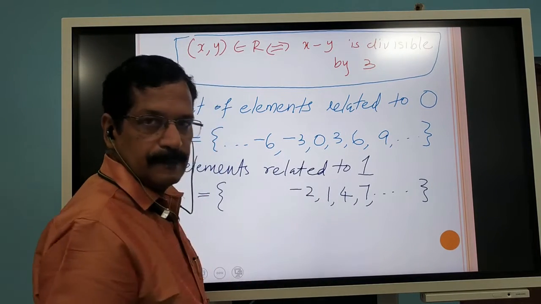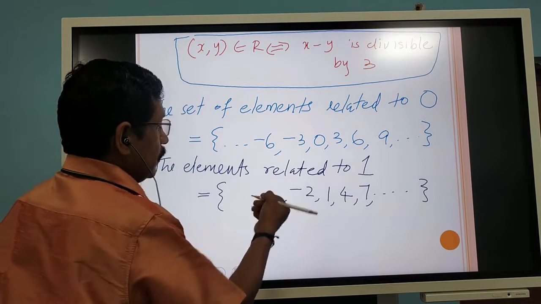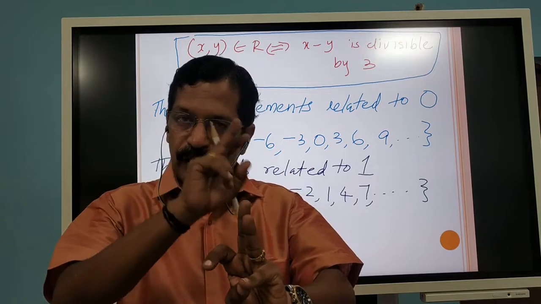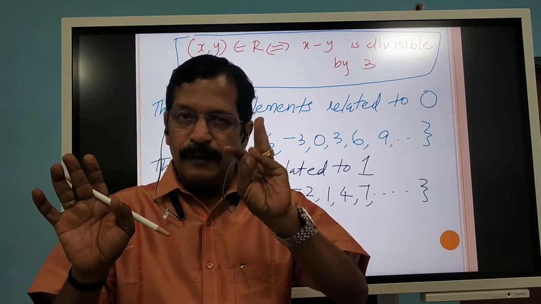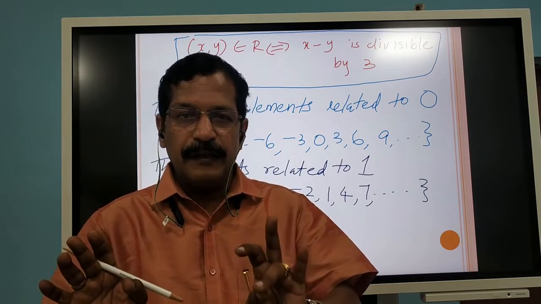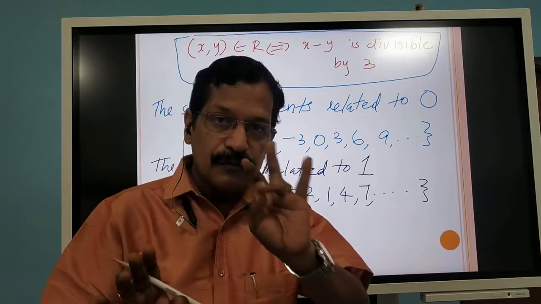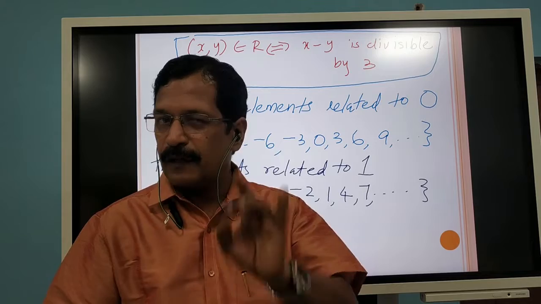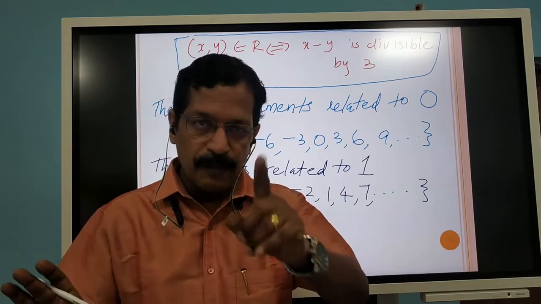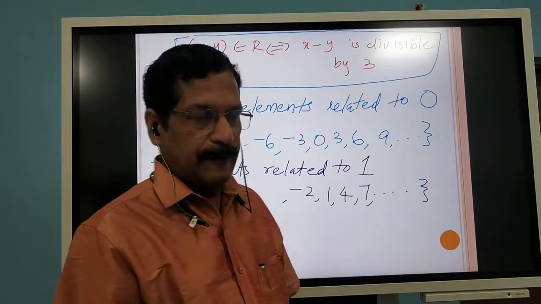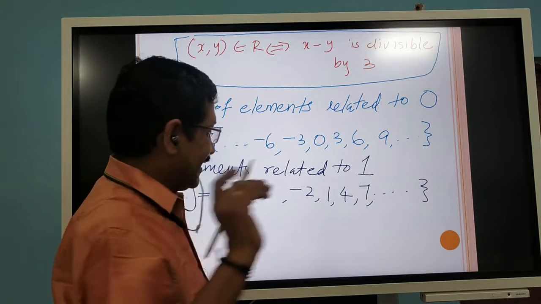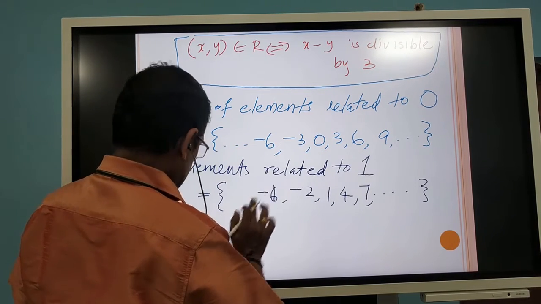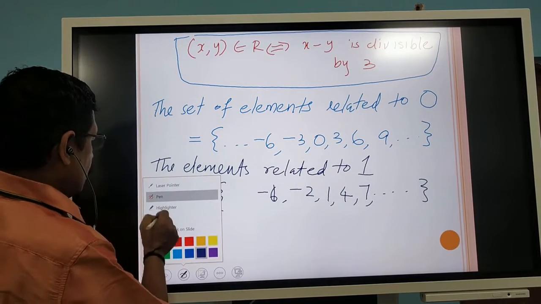Negative 3 is not possible, since negative 3 minus 1 is negative 4. Negative 4 minus 1 is negative 5, it is not divisible. But negative 5 minus 1 is negative 6. So it is negative 5.